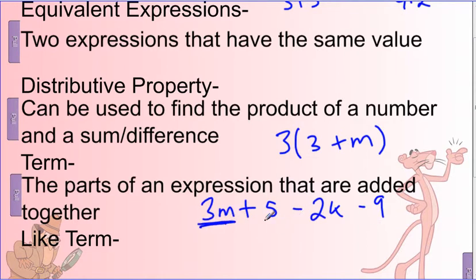There's this, there's this, there's this, and there's this. And you might be going, hey, this is not being added together. But it is if you do KFC. Keep, flip, change. Now you see that this is actually a -2k and a -9, and I have 4 terms.